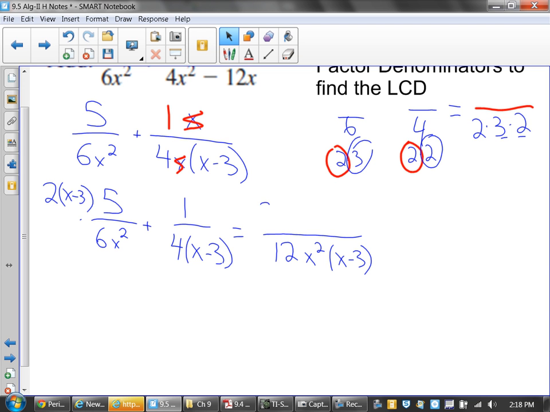So you have 5 times 2 times x minus 3. The fraction on the right has a 4 and the term x minus 3. What do you have to multiply the 4 by? And what do you have to multiply the x minus 3 by? X squared.